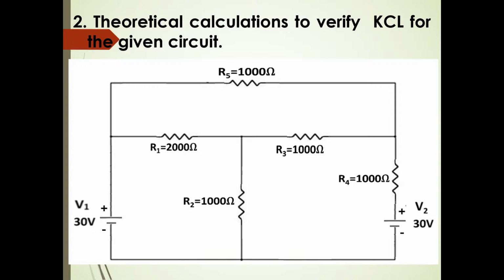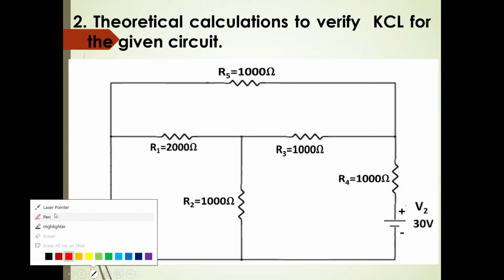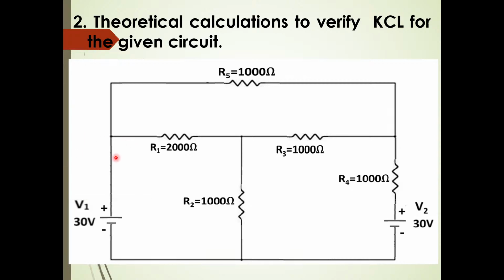Meanwhile, I'll just explain. Since we have to verify Kirchhoff's current law, what we have to consider here is the nodes. We have to check how many nodes there are. For that, first let us check the sources available.